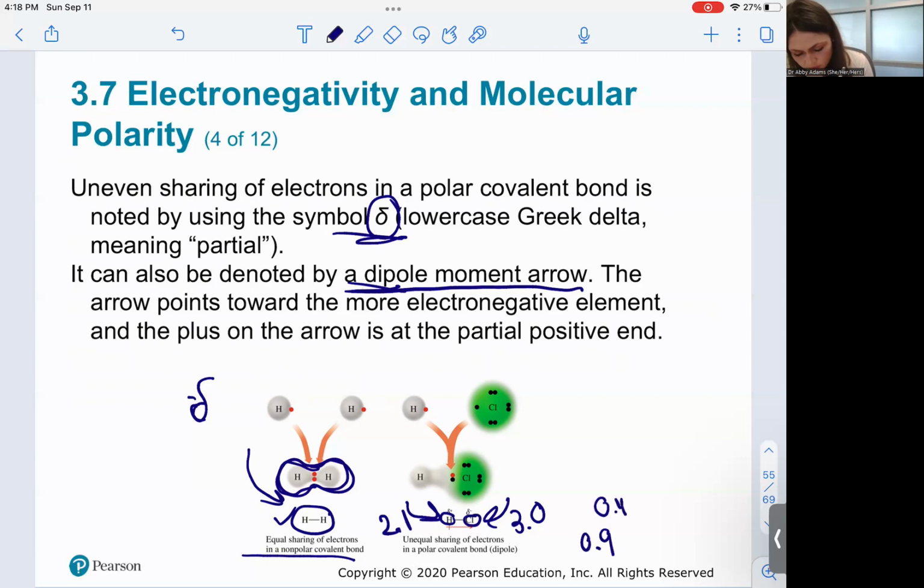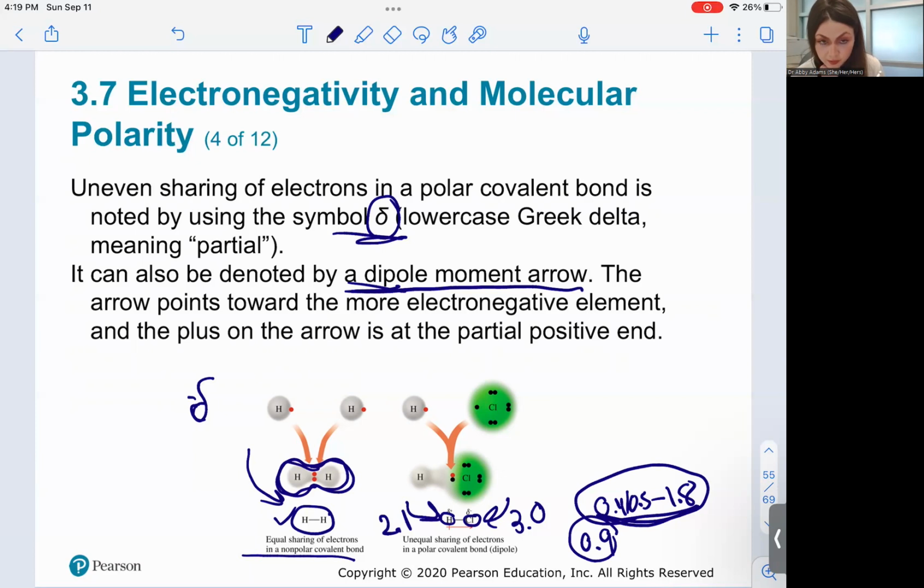Anywhere from 0.4 or 0.5 to 1.8 as a difference of electronegativity between two atoms means that there's going to be some polarity there. It's going to be polar, so there's going to be some partial positive and partial negative charge going on. Whenever you have a difference that falls into this range, you've got to realize that.